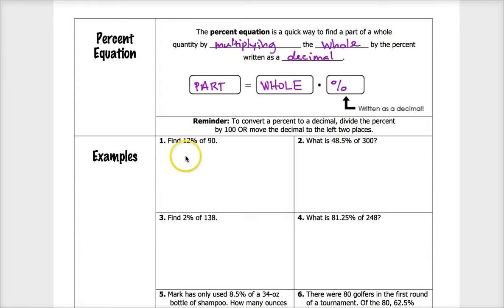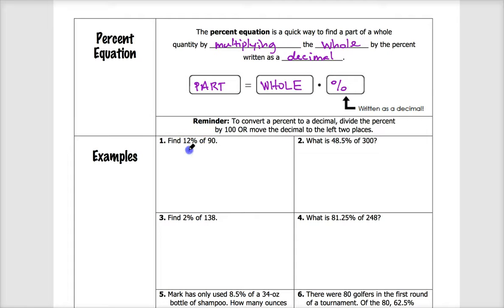So for number one, find 12% of 90. I could solve this problem using the percent proportion by setting it up as 12 over 100 equals x over 90. But there's another way to do this problem, and that involves using the percent equation. First of all, I convert my percent to a decimal.